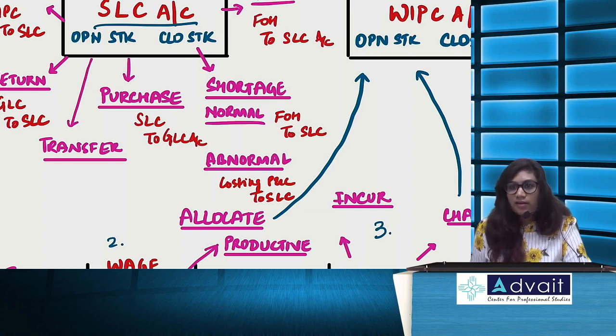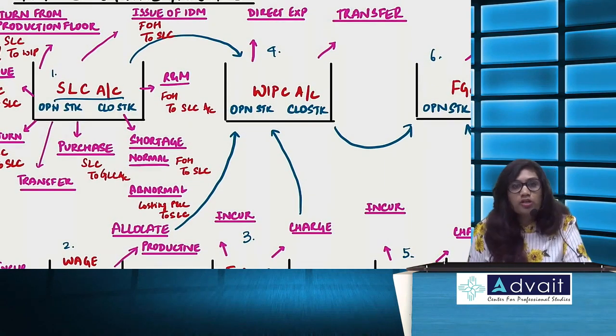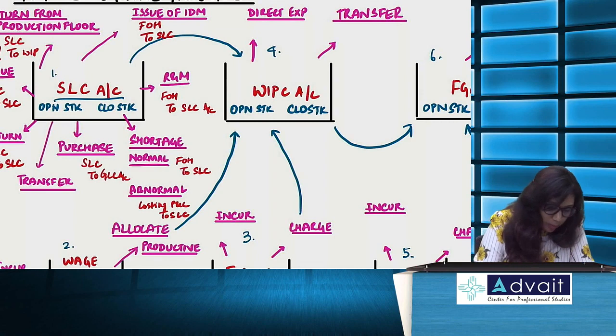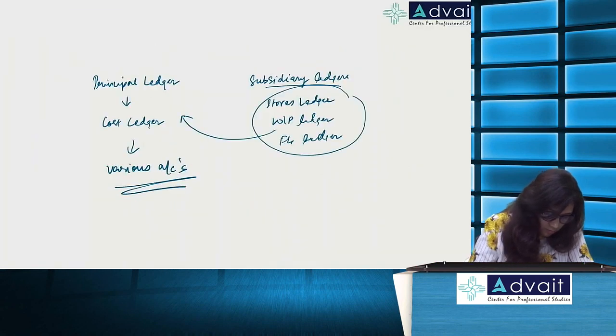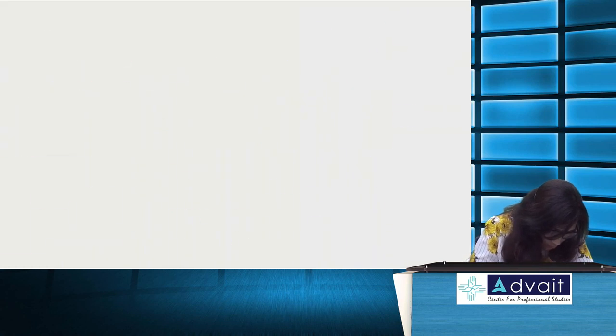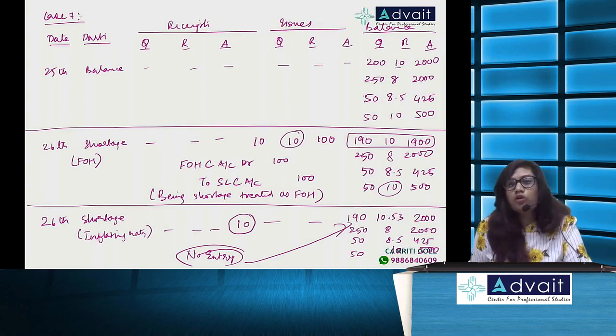Guys, correct? Guys, so yesterday we had done one problem on shortage, no? Shall we go back to that problem? See here, we had done this problem on shortage yesterday.